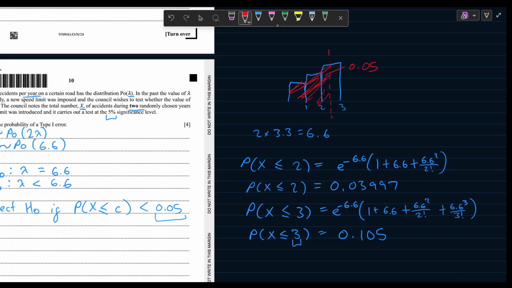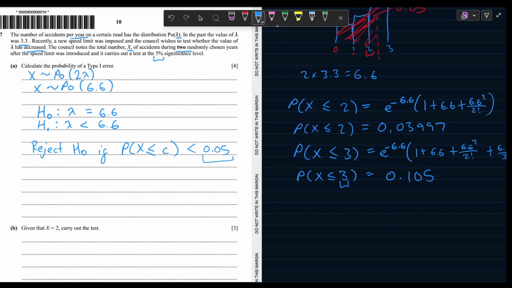Remember, because we're dealing with a discrete distribution, our rejection region starts at 2, then the next value is 1, and the next is 0. So our rejection region is X less than or equal to 2, because the probability that X is less than or equal to 2 is 0.03997, which is less than 0.05.